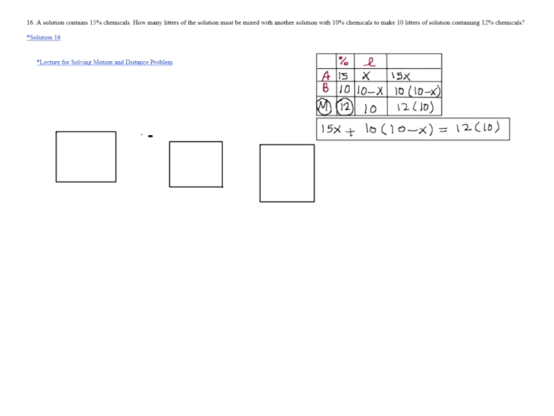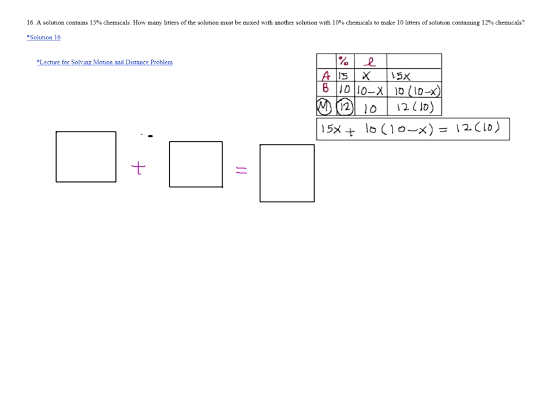So over here, these boxes indicate that you need to combine 2 different types of chemicals to ultimately get what we need. Here it says the solution contains 15% chemical, and it says how many liters of the solution must be mixed.